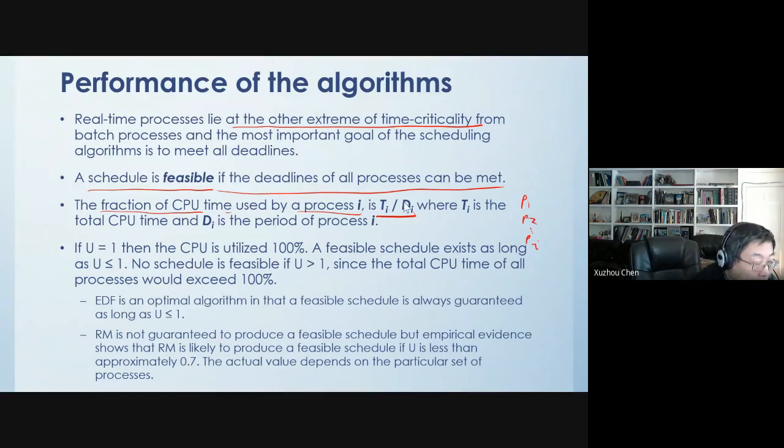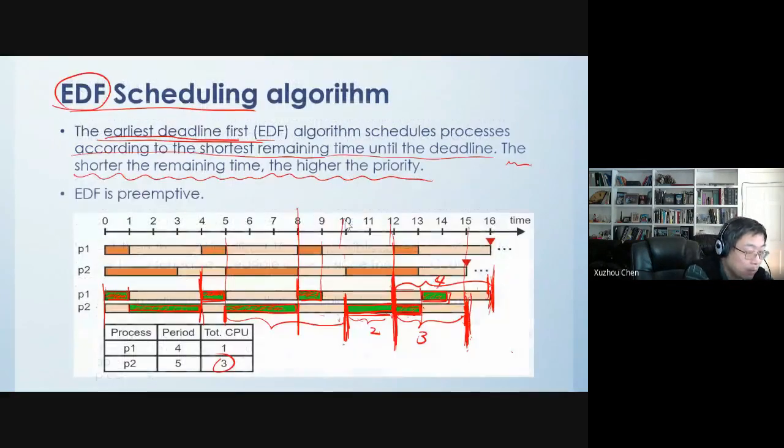Now, Di is the period. Ti is the CPU burst, the total CPU time. And Di is the period of the process. So in that case, like this one, the fraction is 1/4. That's the CPU burst, and that's the period. And this is actually 3/5, right? Okay.